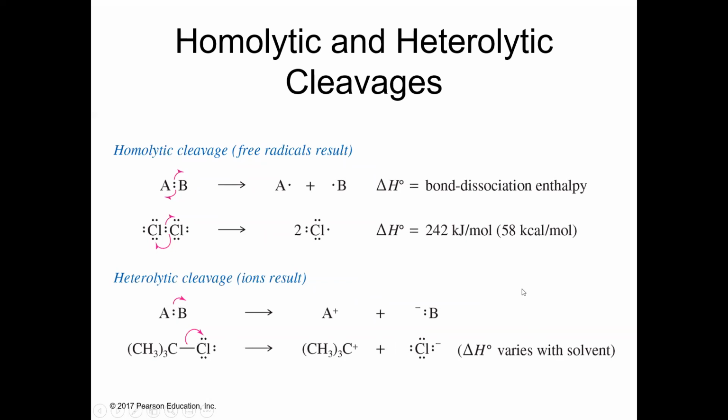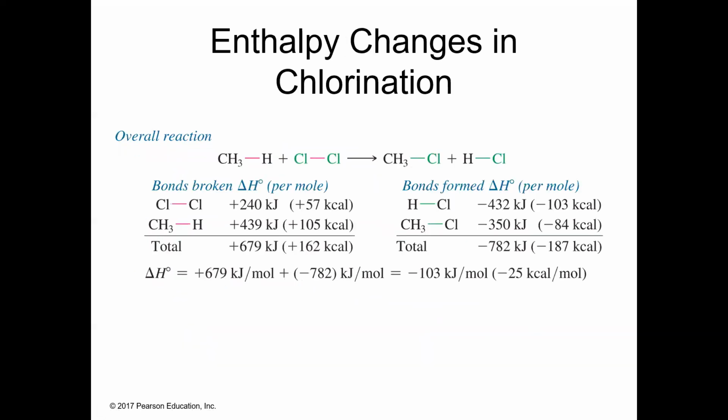Okay, remember, breaking a bond will be a positive delta H. Forming a bond will be a negative. Okay, that releases energy. So here's a listing of the bond association energies for this particular reaction. We list the bonds broken.